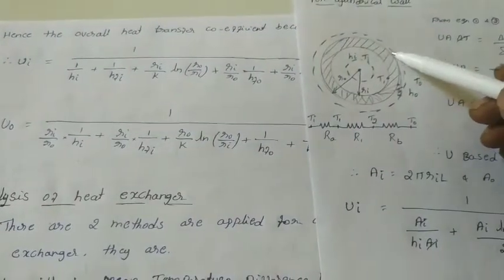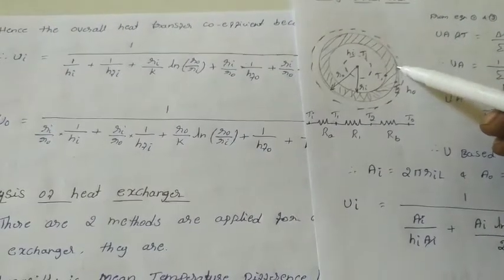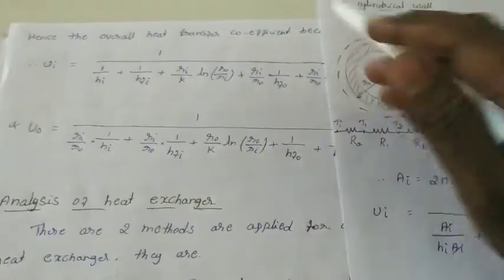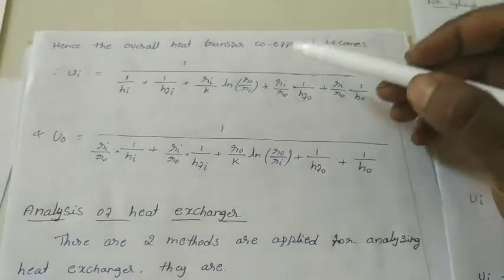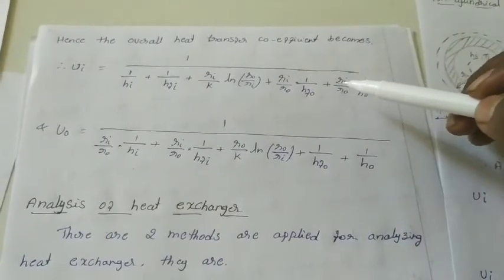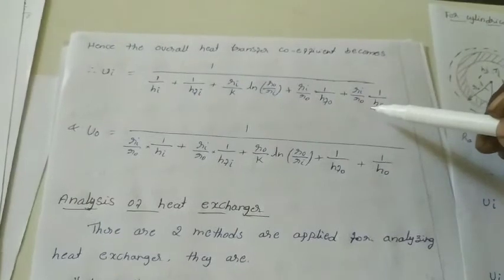Look at it again, after that the outer surface area. Before the fluid, the fouling will take place, the deposition from the fluid, hence we can add the fouling factor, that is Ri by Ro into 1 by Hfo, plus Ri by Ro into 1 by Ho. So this is based on the inner surface area.